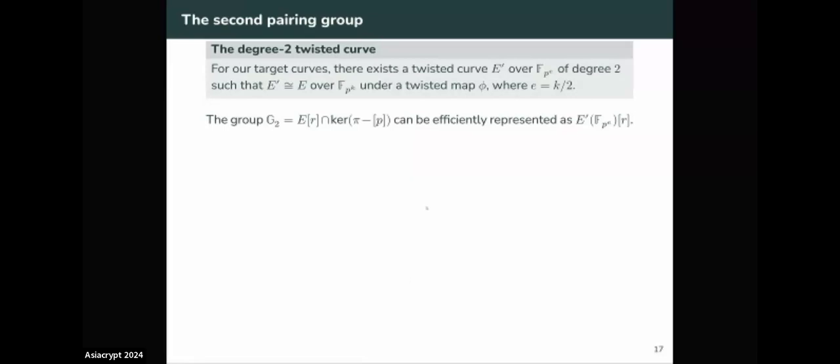Now we consider the operations in G2. The group G2 is originally defined over the full extension field. Thanks to the twist map, for all target curves it can be represented as a subgroup of the twisted curve E prime over Fp to the e, where the integer e is equal to k over 2.